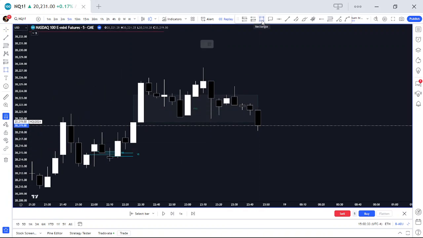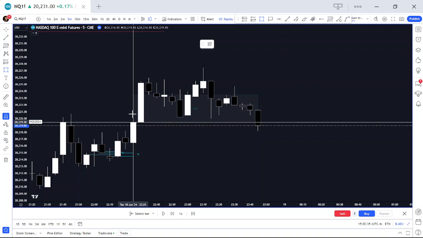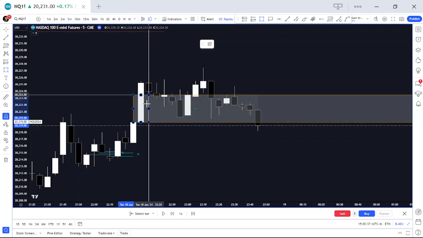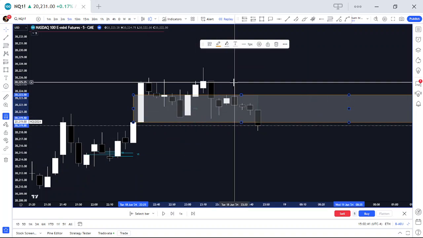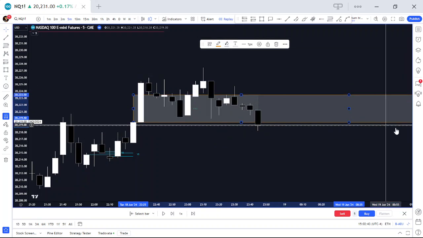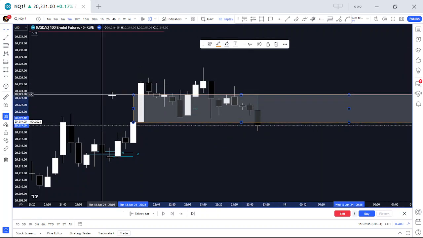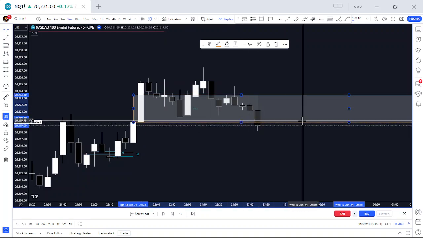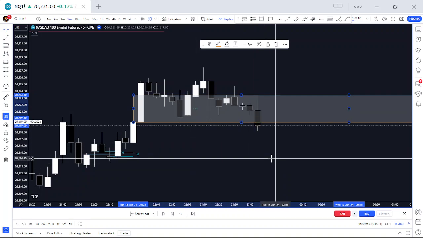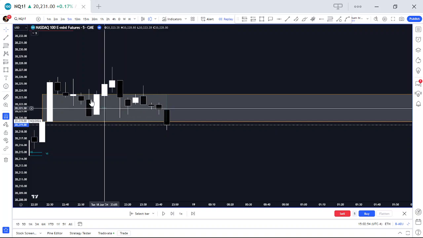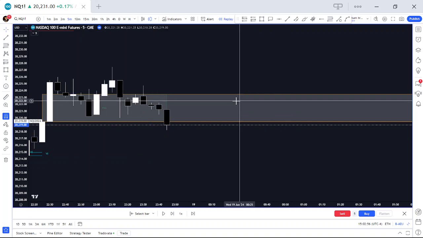Okay. I draw a rectangle like any other. Okay. Now you have an inverted fair value gap. All right. Now you can color these any way you want. I just have an orange outline in a gray box. Okay. So now I know this fair value gap has been inverted.